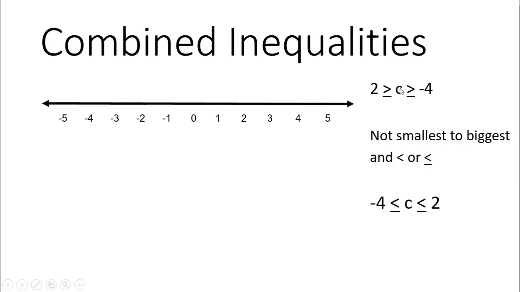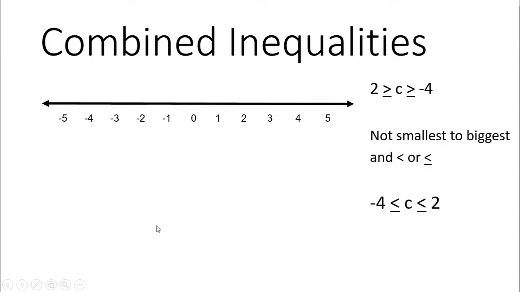And C is on the smaller side of this inequality between 2 and C. So C is on the smaller side. Now that I have it set up from smallest to biggest, and I've got my C in the middle, and I've got my inequality signs going from small to big, again, small to big, I can put that on my number line.